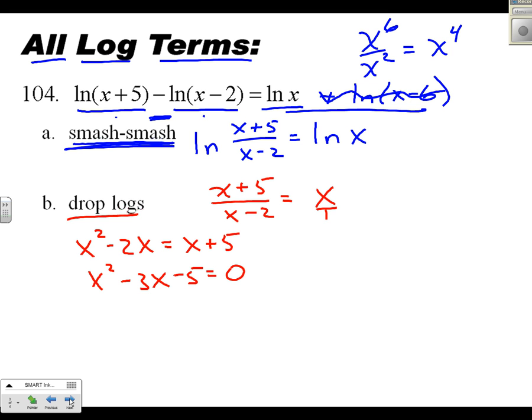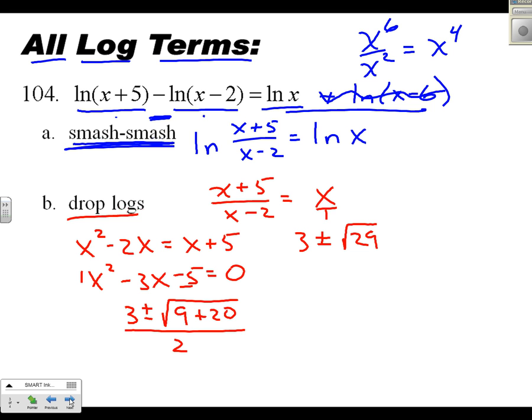I'm going quadratic. Opposite of b, plus or minus the square root of b squared, that's 9, minus 4 times 1 times negative 5, that becomes plus 20, all over 2a, 2. So that is 3 plus or minus root 29, all over 2.